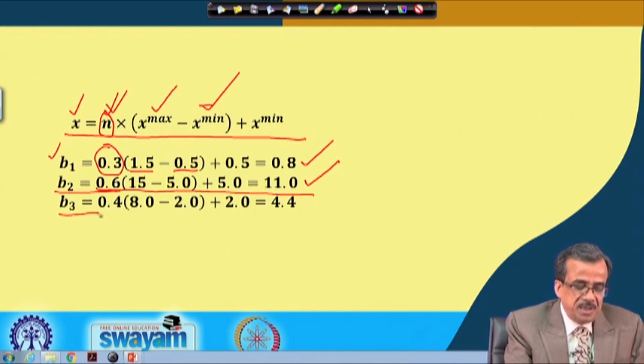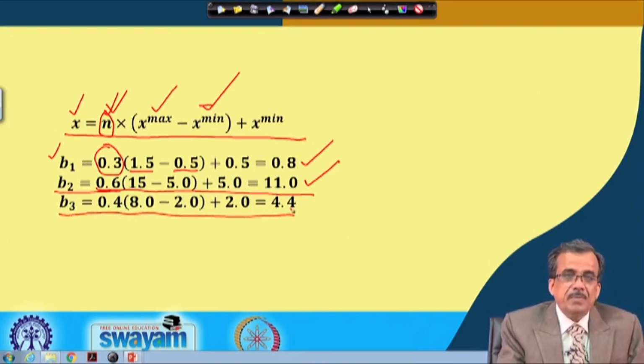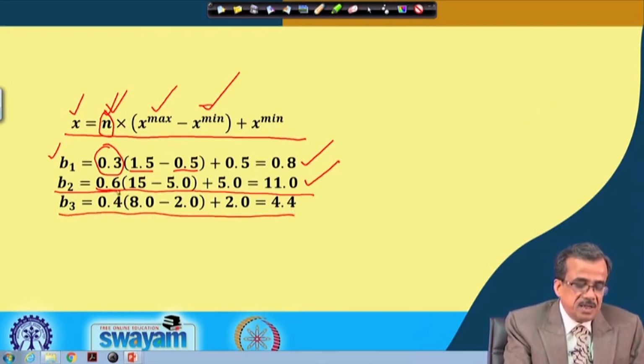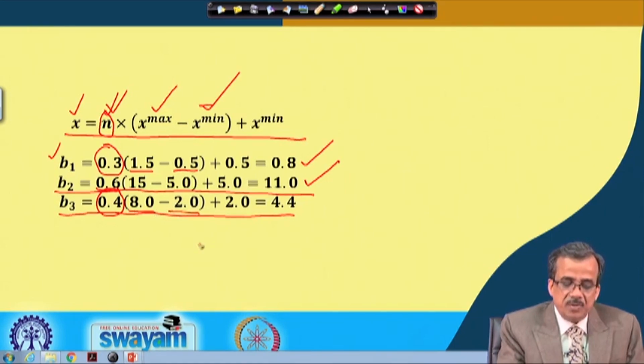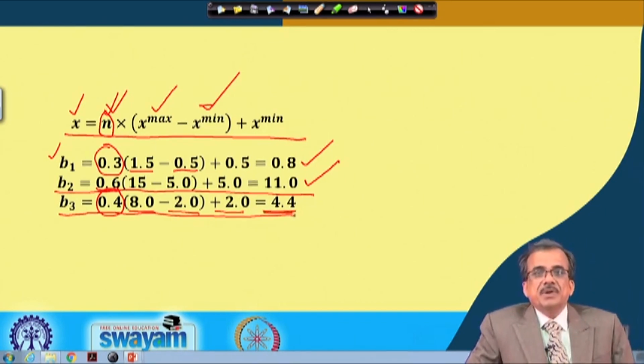Similarly, for B3 we can find out the real value. The normalized value is 0.4, B3 maximum is 8.0, B3 minimum is 2.0, and if we substitute we will get 4.4.